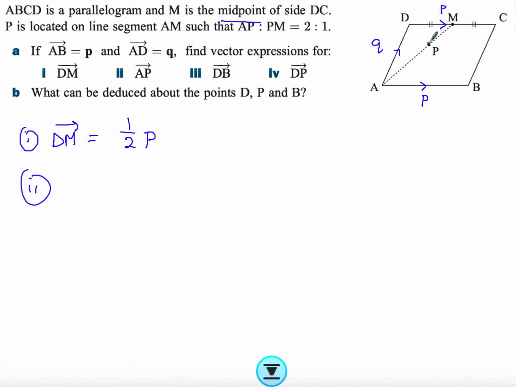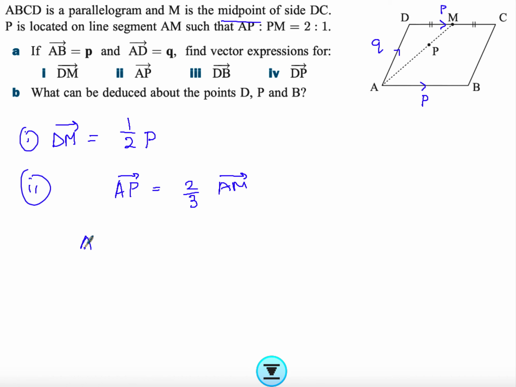If I need A to P, A to P would be, let's do what we did in the previous slide, 2/3 of A to M. Just taking 2, and then 2 plus 1, so that's 3. So 2/3 of A to M, this whole line.